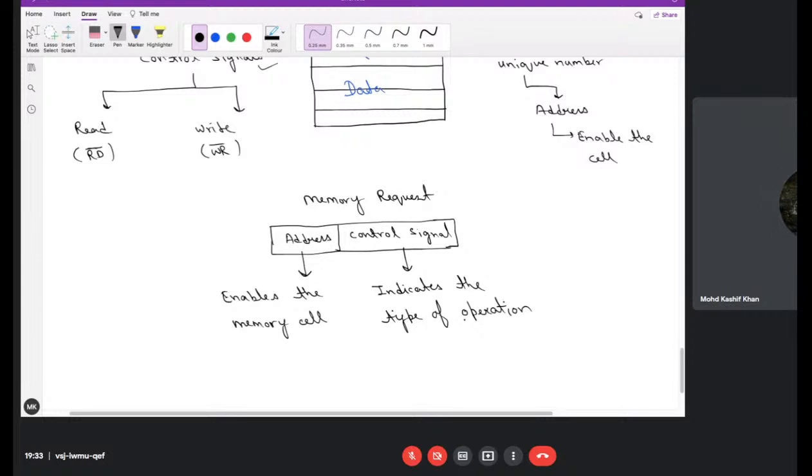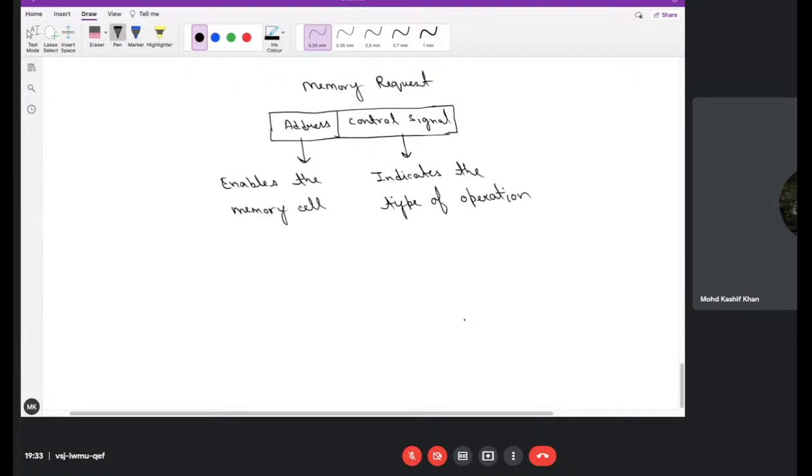Okay, so just draw this diagram. Now we will understand the next important point regarding the memory.